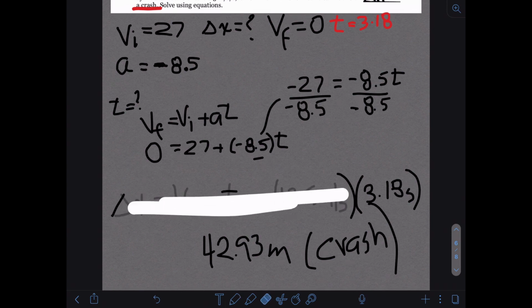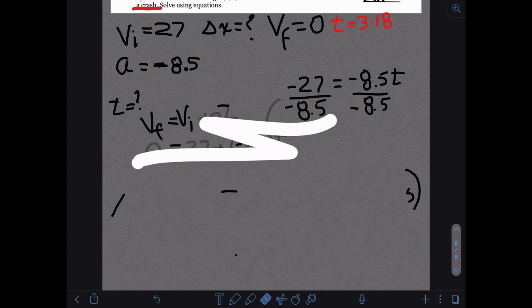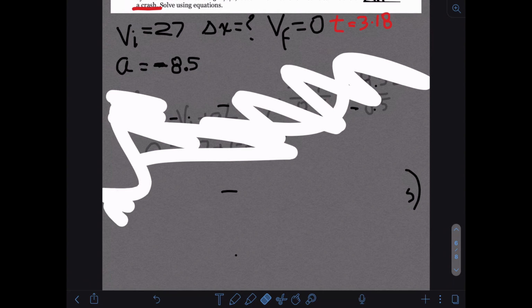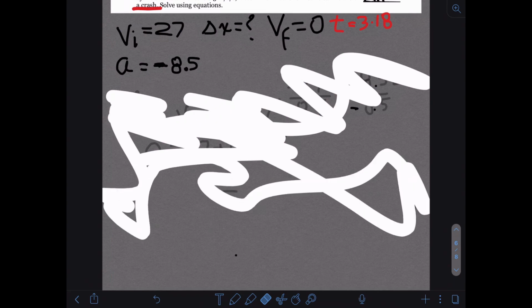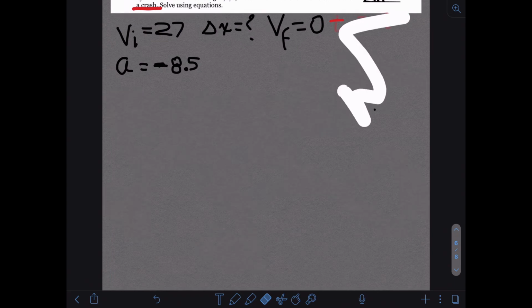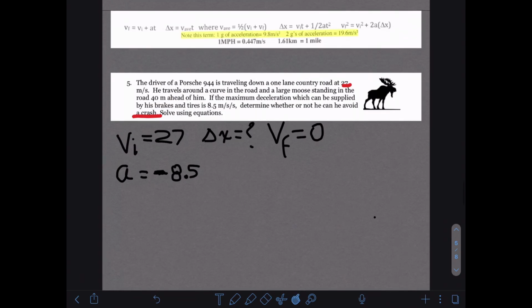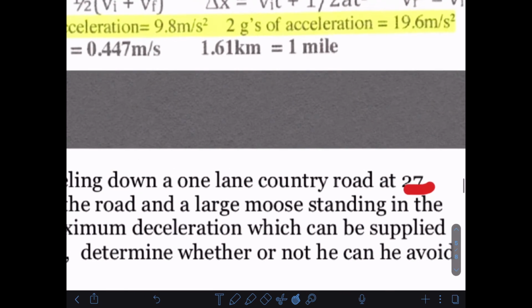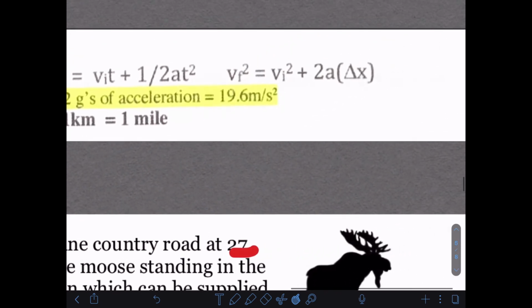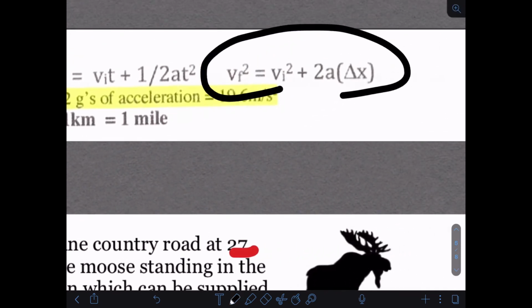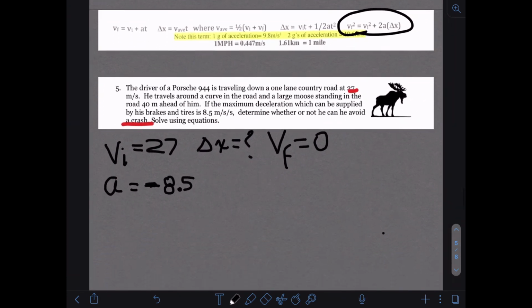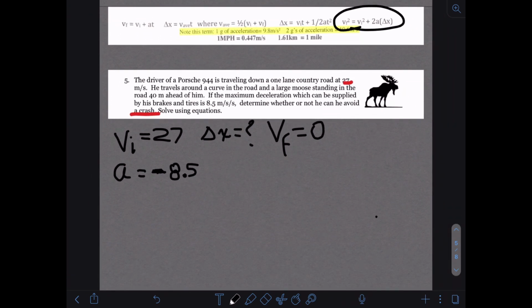Now, if you want a faster method, let's go back here and say, well, it's not asking me for time. And if I can get displacement without solving for time, let's do that. Well, let's look back here. If we look really closely, we've talked about this equation being linked with stopping distance. If you know the velocities and the acceleration rate, you can figure out the displacement. So let's go back over here and do that.